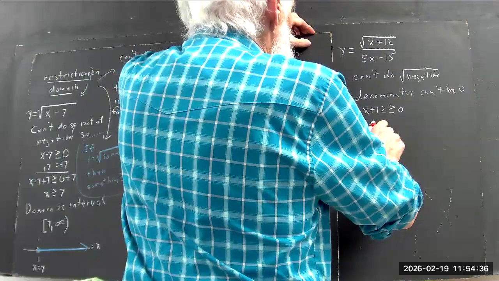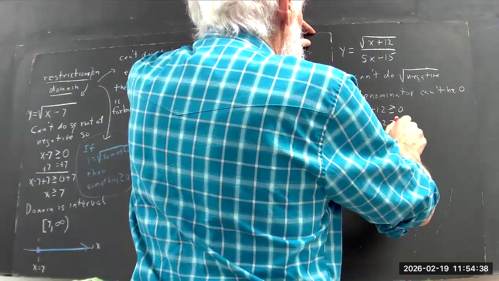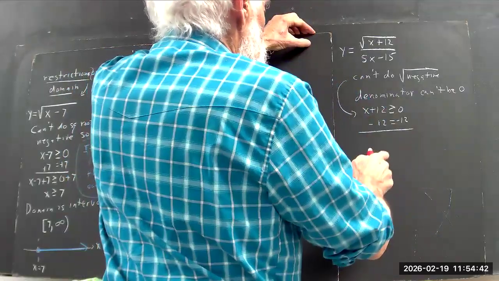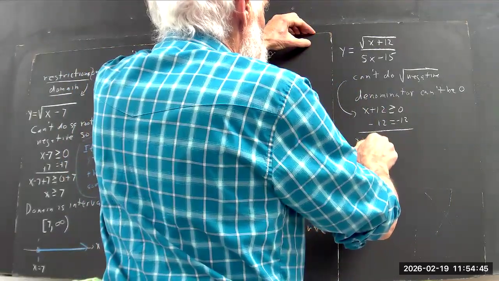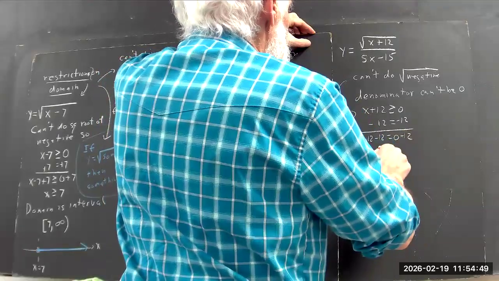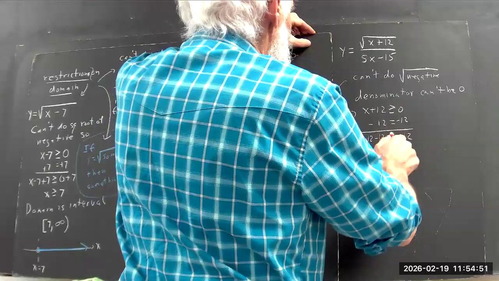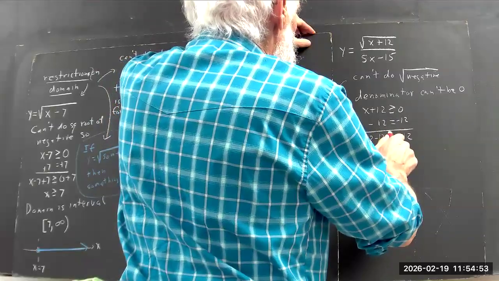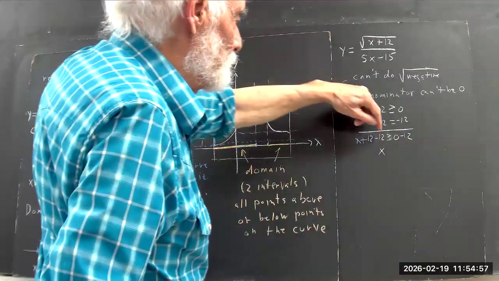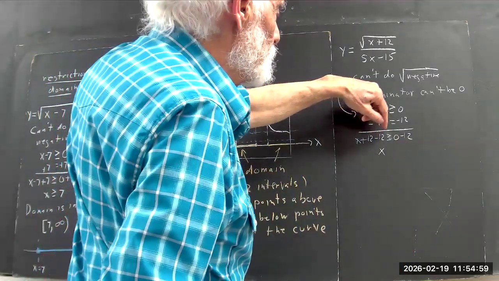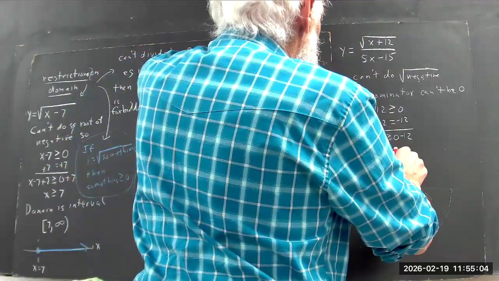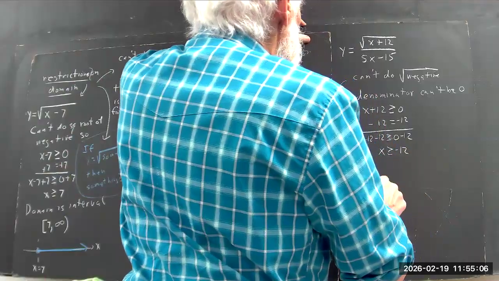So then we can add negative 12 equals negative 12 to this inequality, and we get x plus 12 minus 12 greater than or equal to 0 minus 12, so that x is greater than or equal to negative 12. I'm in the habit of writing equalities when I do this.